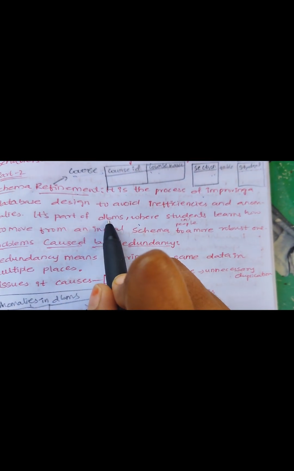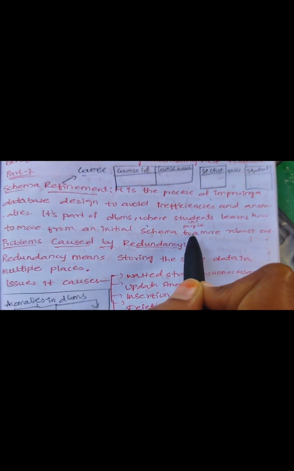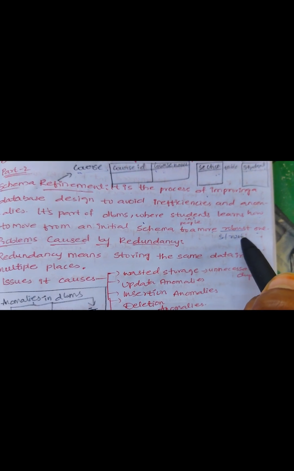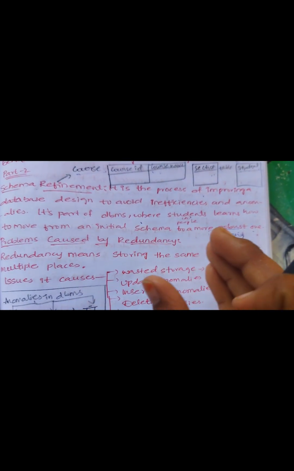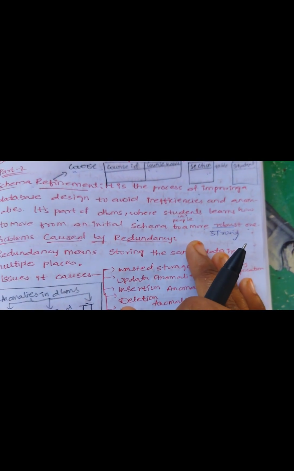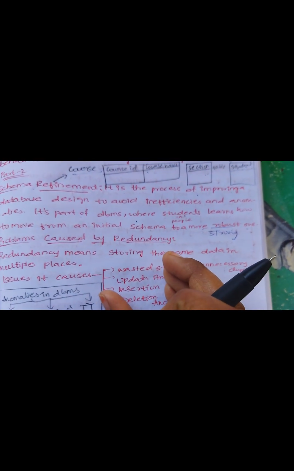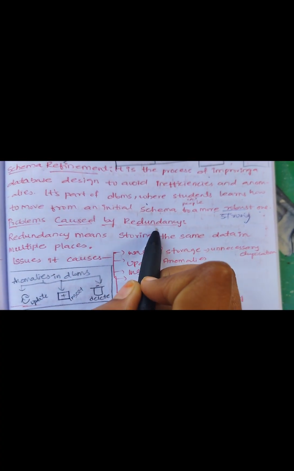It is part of the database management system, where students learn how to move from an initial schema to a robust one. Robust is nothing but strong. Moving from one structure to another while avoiding inefficiencies, space problems and problems caused by redundancy.